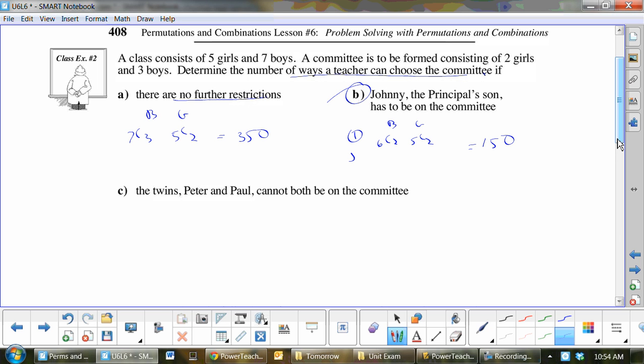Okay? So we want to look at this. We can have Peter only, or we can have Paul only, or we can have neither. Okay? Let's do Peter only. What would that look like? Greg, what would Peter look like?